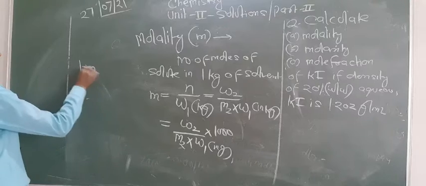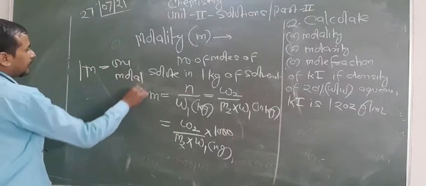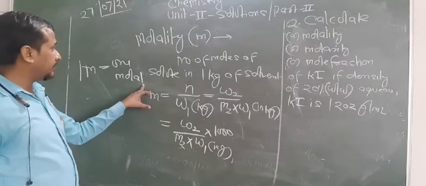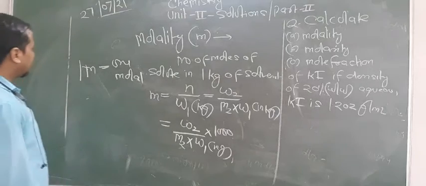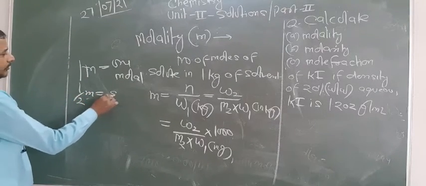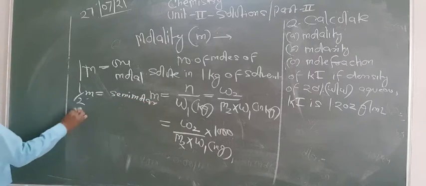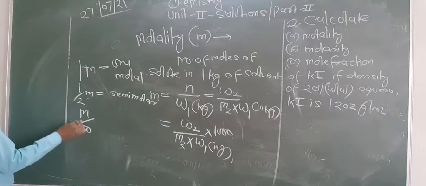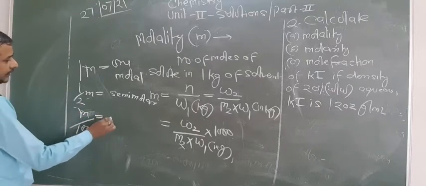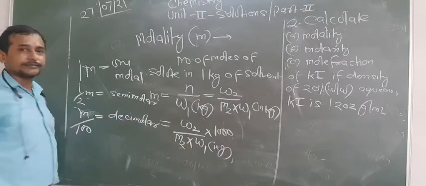Here 1 small m equals 1 molal. Similarly, if 1 by 2 small m is taken, in that condition this is known as semimolal. If small m by 10 is written, that is known as decimolal. Are you getting this point or not?